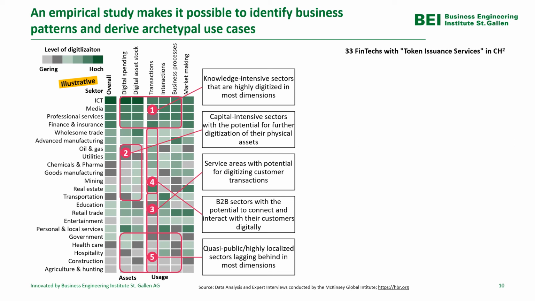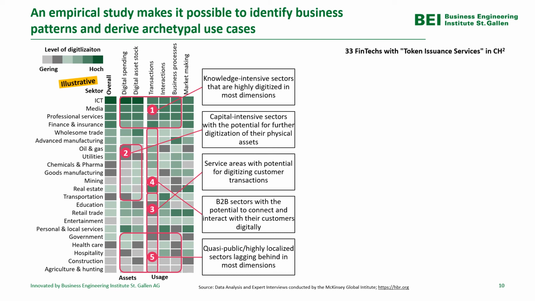And as you can see here, you have sectors like the financial industry or advanced manufacturing, where the asset stock is already highly digitized. But you also have industries, for instance, the transportation sector, mining, retail trade, healthcare and hospitality, where a big potential can be identified to tokenize these objects for digitization use cases.